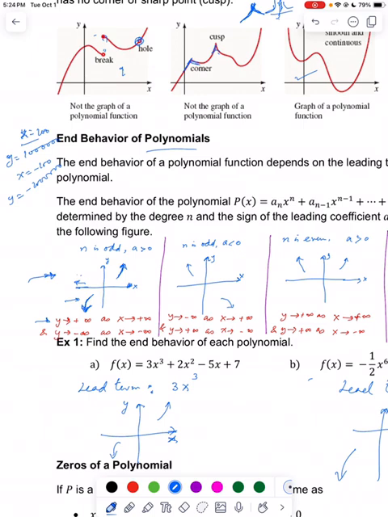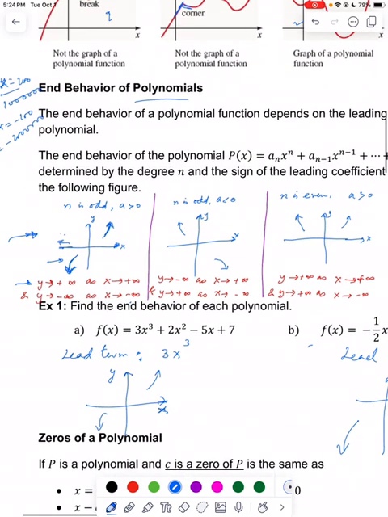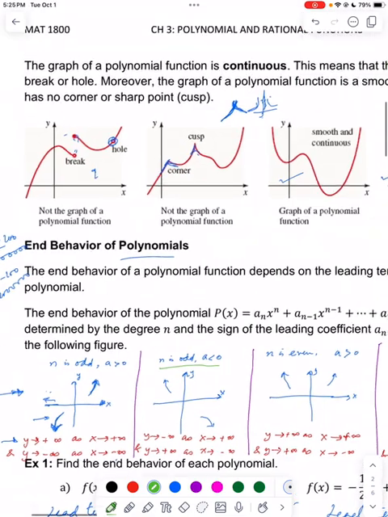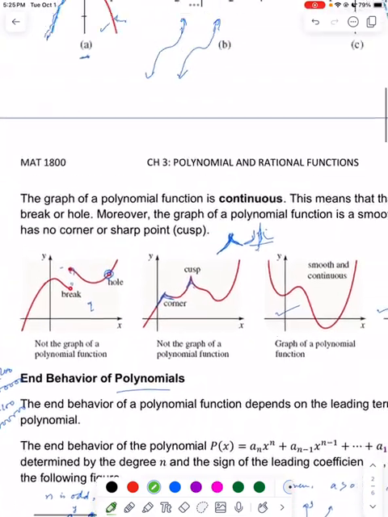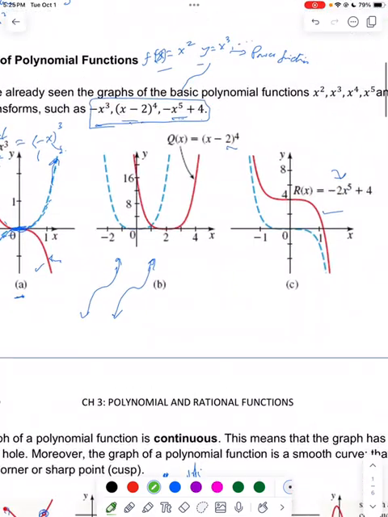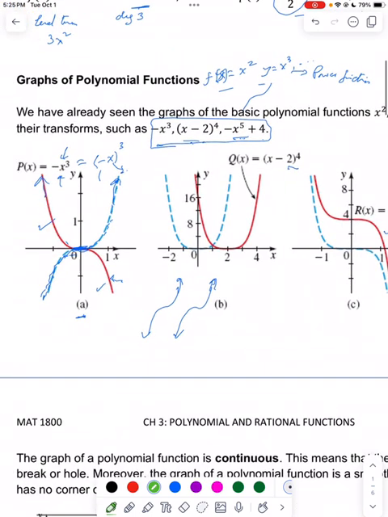Now if n is still odd, but the leading coefficient is negative, like the one we saw in a previous example, see, we had negative X to the third. So what happened? Our graph is going like this, the red one, down here, up here.